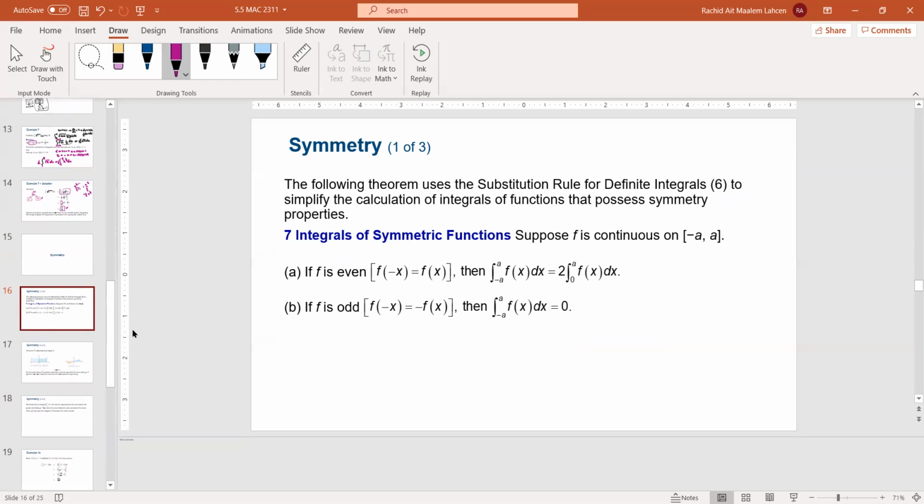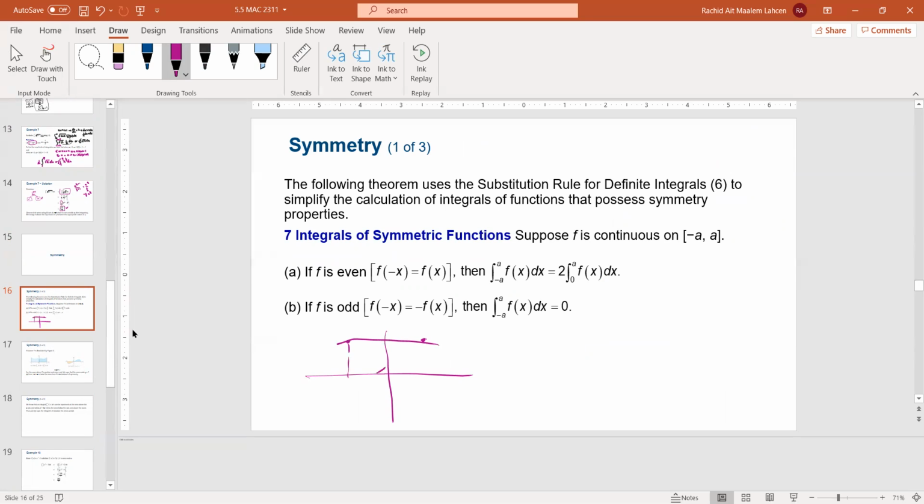When we looked at integrals as far as geometry, we talked about the graphs. If a function is even, these properties are helpful and they simplify some work, and I'll show you a nice example. So if f is even, that means if you have a point here, then you have a point here on a graph.